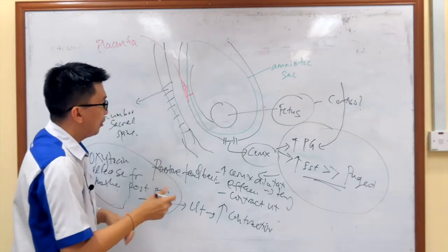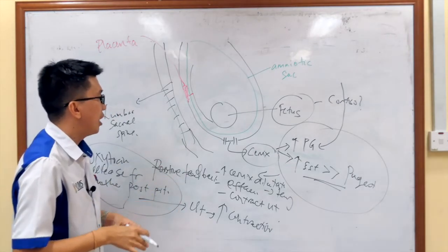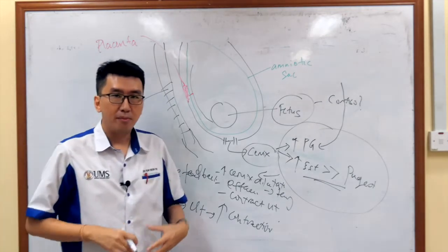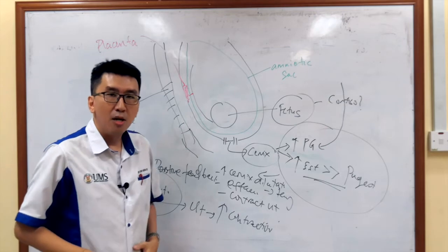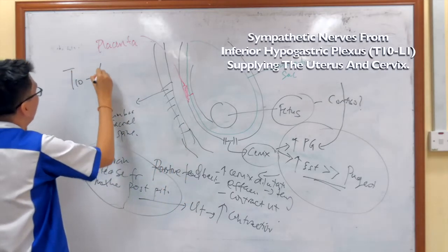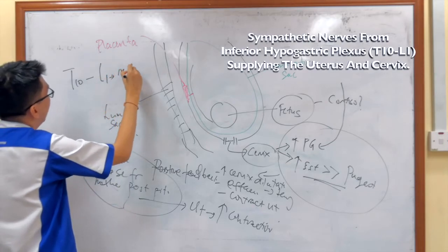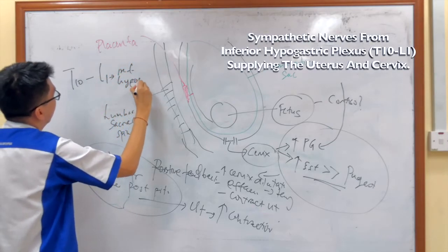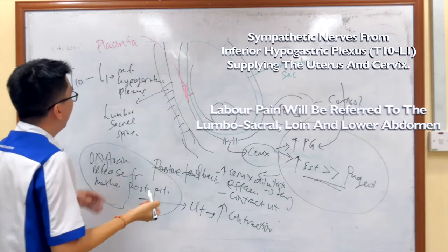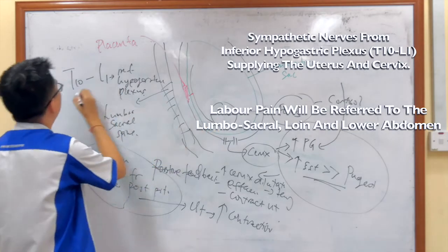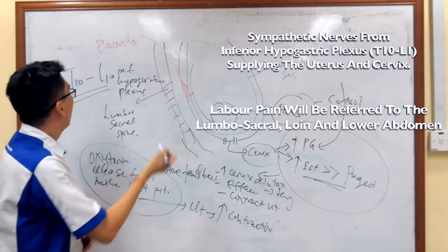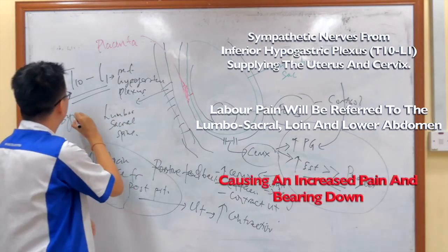On top of that, because of this painful contraction, the mother will have more and more pain, and the pain will be from the T10 to L1 vertebra. T10 to L1 is the inferior hypogastric plexus. Because of these pain receptors at T10, thoracolumbar, these are all sympathetic.